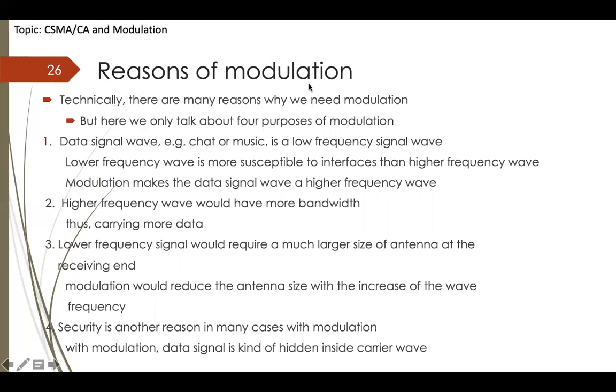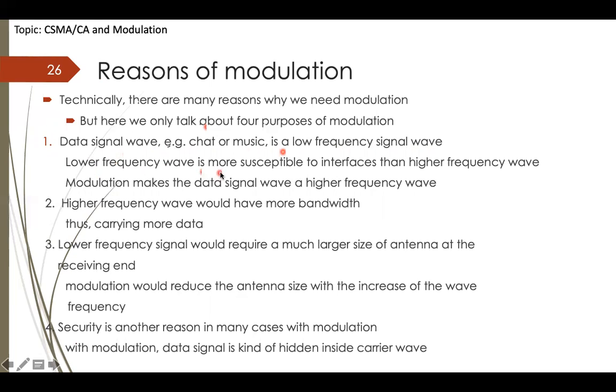Why do we perform modulation? These are the reasons why we perform modulation. Technically there are many reasons why we need modulation, but here we only talk about the main purposes of modulation. The first one is that a digital wave, such as chat or music, is a low frequency signal wave.